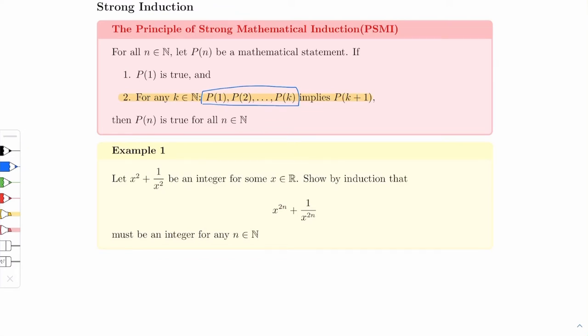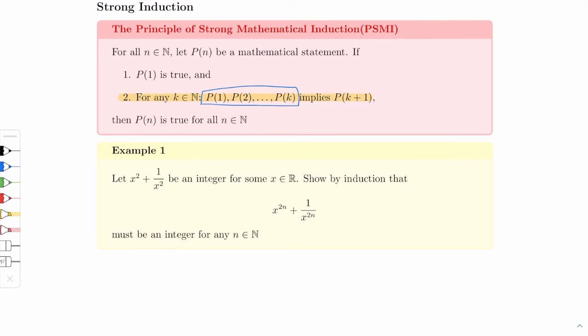So you need a stronger hypothesis, which means that instead of assuming P(k) only, this time you assume that all of them are true. Still not for all k natural, but for some k natural, you assume everything before k and k itself are true.